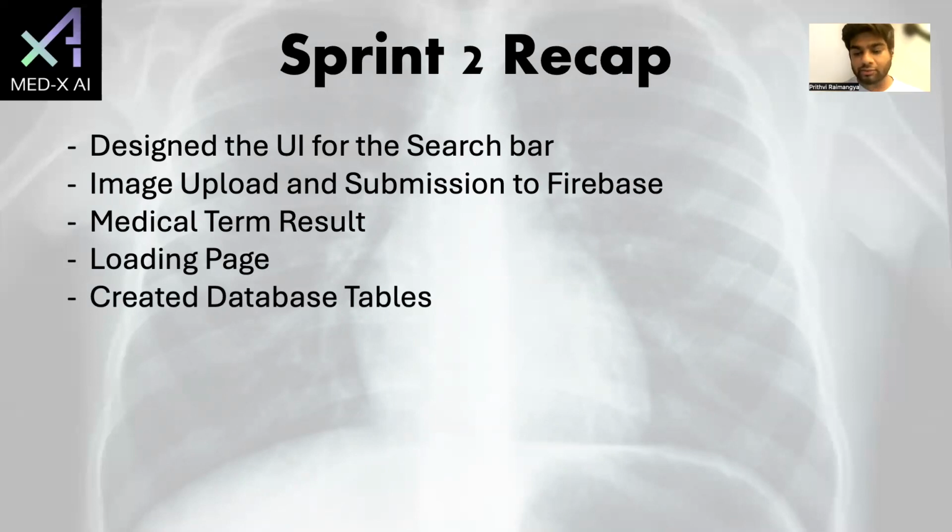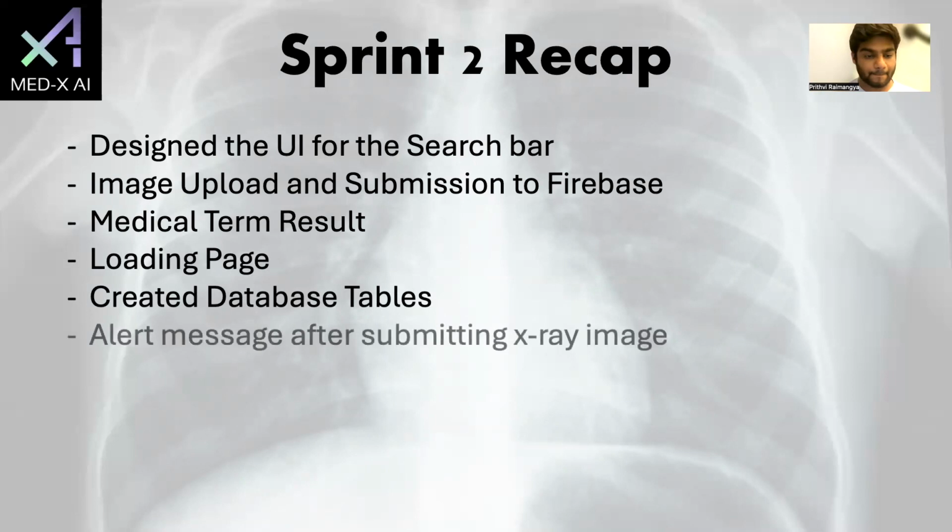For this to come into action, we needed a database, which we created on our Firebase. Let's say if an image is not accepted, we created an alert message about whether the image can be accepted in the particular format or not.